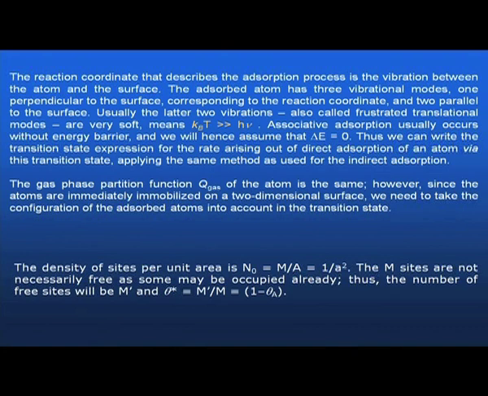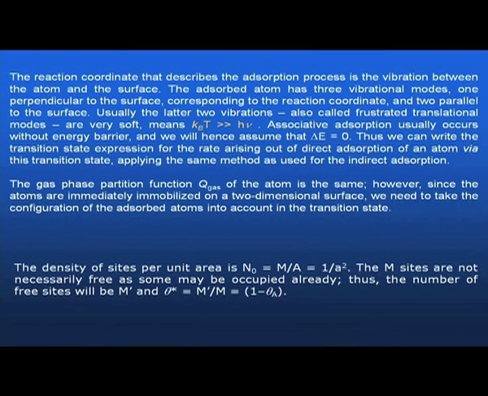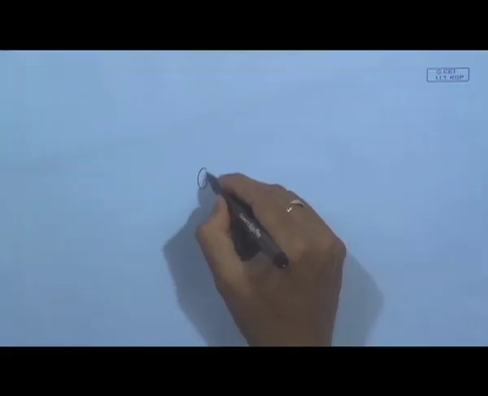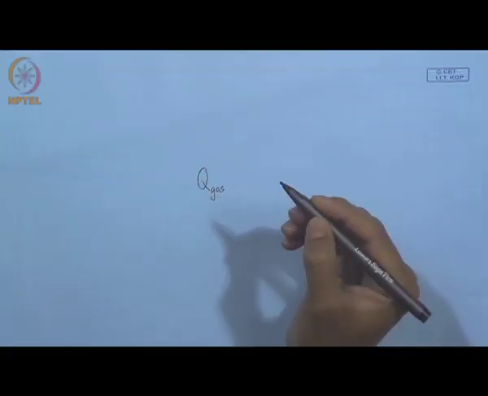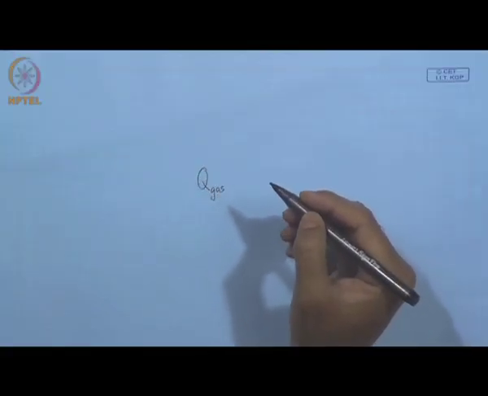Thus, we can write the transition state expression for the rate arising out of direct adsorption of an atom via this transition state, applying the same method as used for the indirect adsorption. So, a similar technique we will be following. Now, the gas phase partition function which we would need to use in this case, designated by Q gas, of the atom is the same.